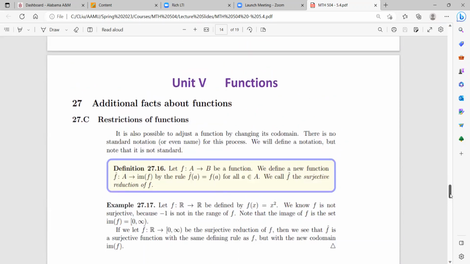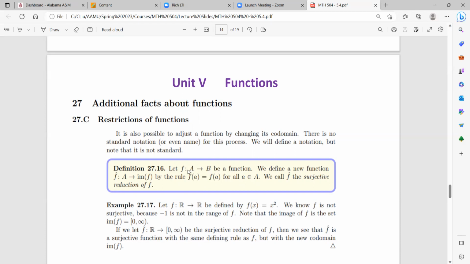So we just defined the function restricted by the domain, but you can also do a similar thing for the codomain. The next definition is a similar thing for the restriction of a function to the codomain.